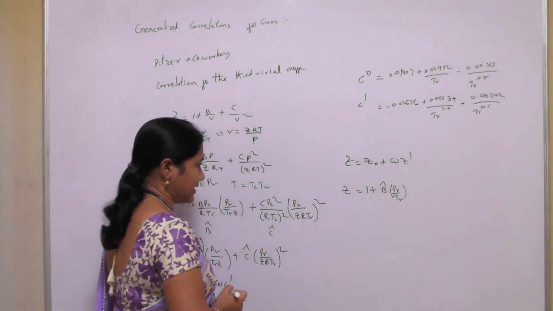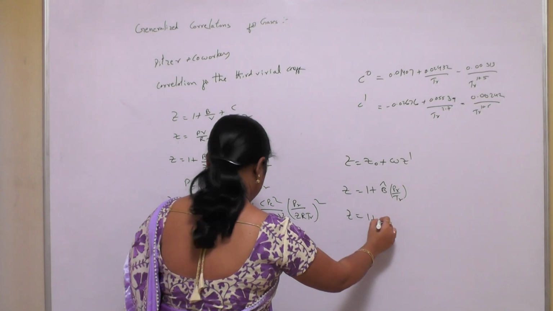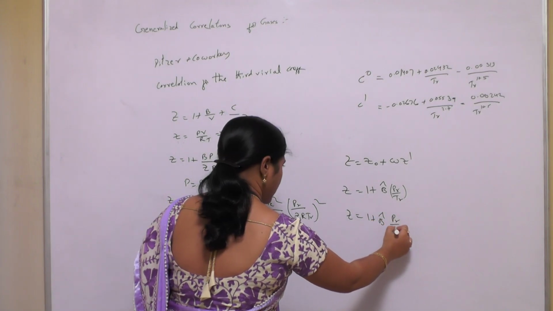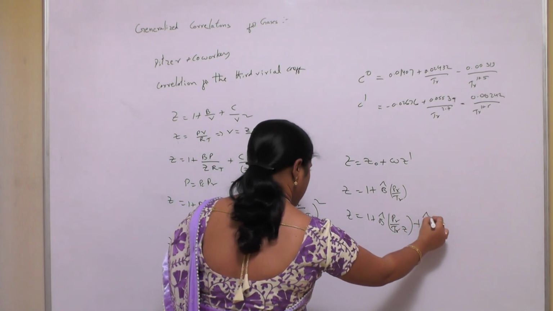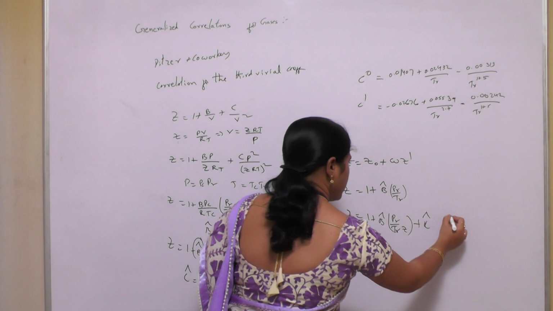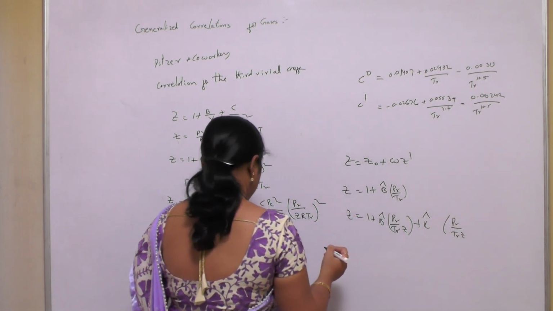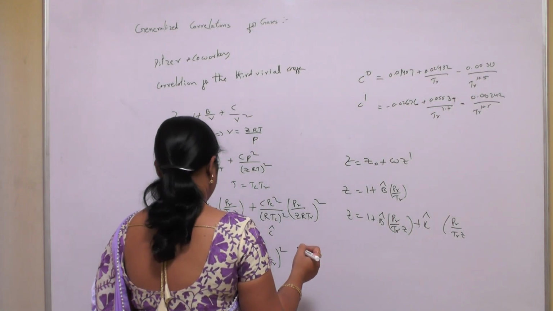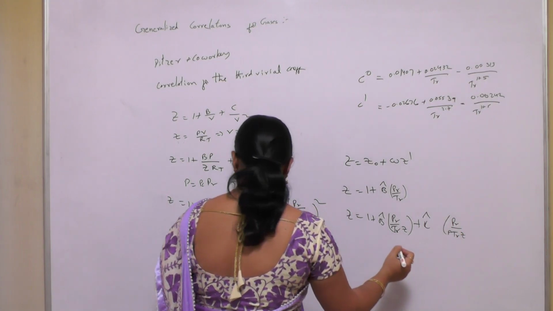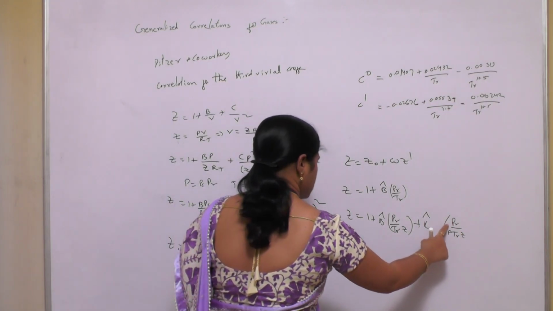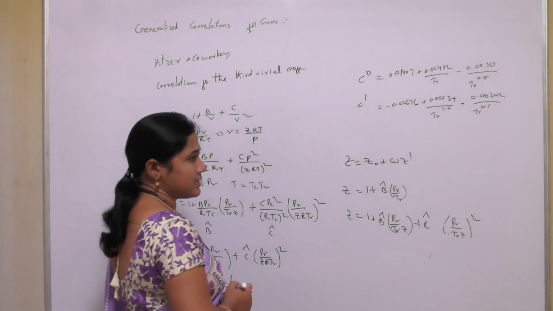This is the second correlation, and the third correlation is 1 plus B dash PR by TR into Z plus C cap PR by TR Z whole square. So this is the third generalized correlation.